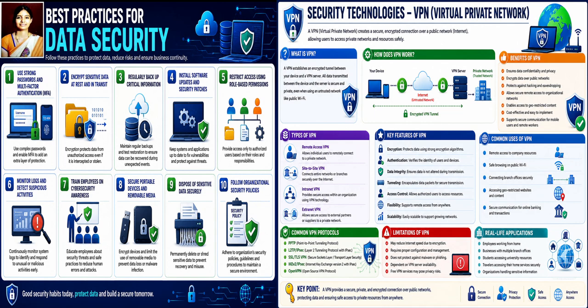Coming to benefits and limitations, the major benefits of a VPN are, as we started with the definition, remote access and protection of communication, especially over public networks. Therefore, confidentiality remains during data storage as well as transmission.